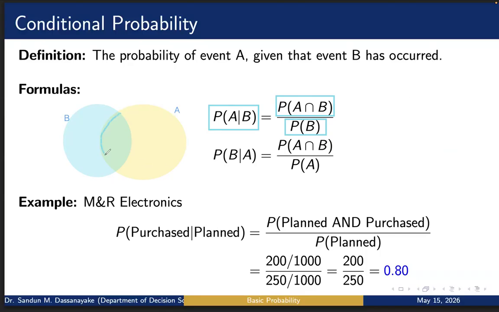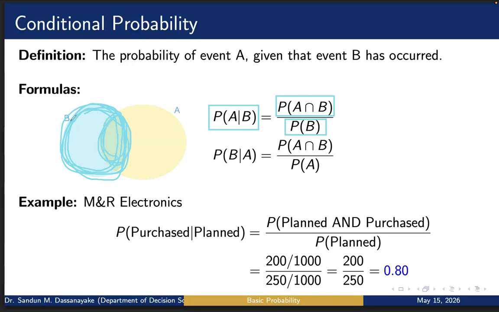And P(B) means this chunk. So by conditional probability, what it means is, in the total set of outcomes of B, how much belongs to the intersection of A and B. So that's what it says.